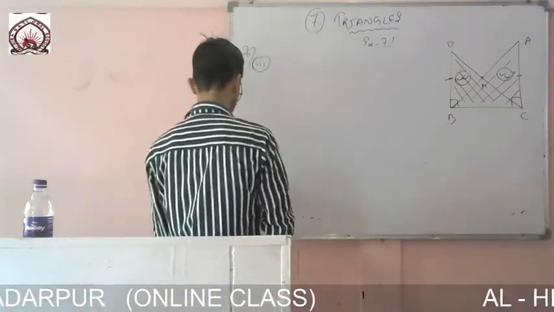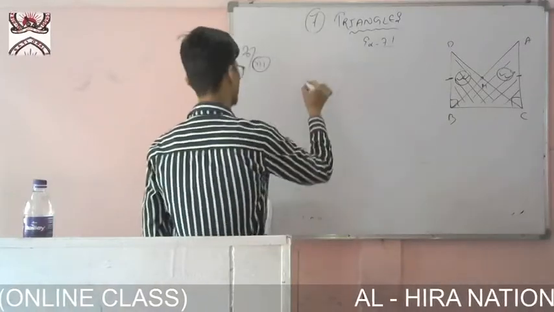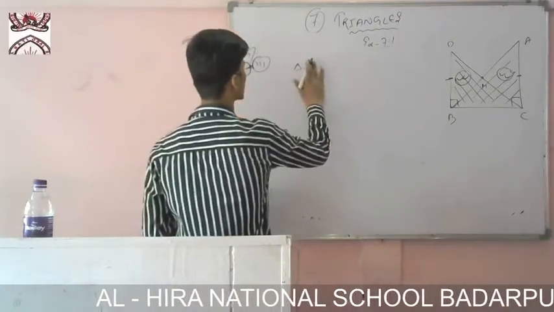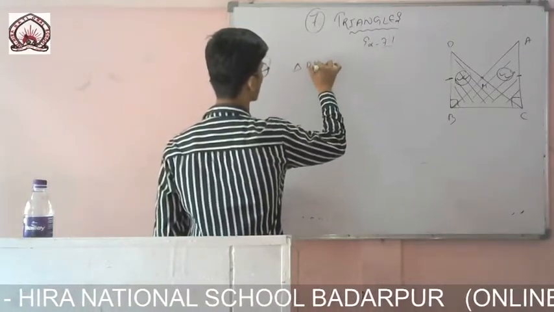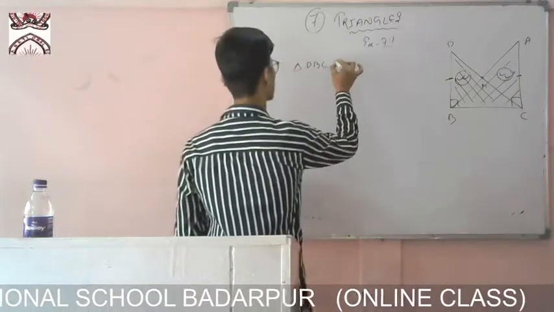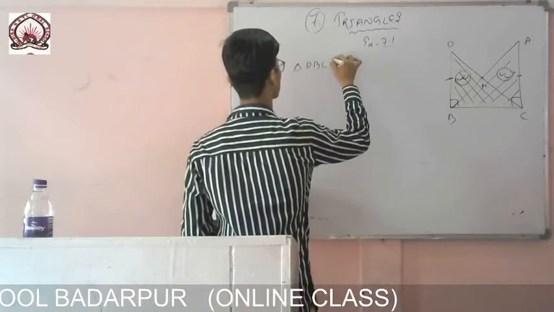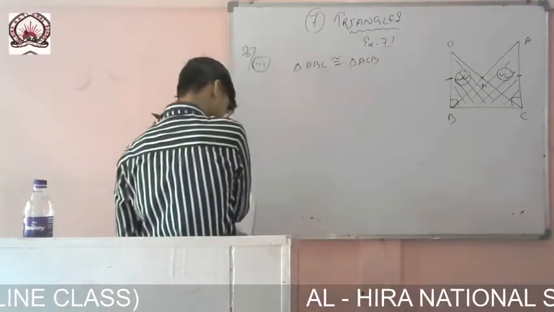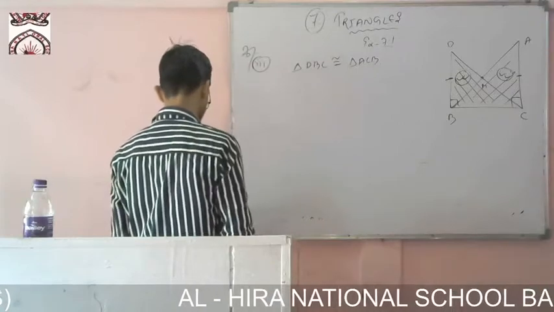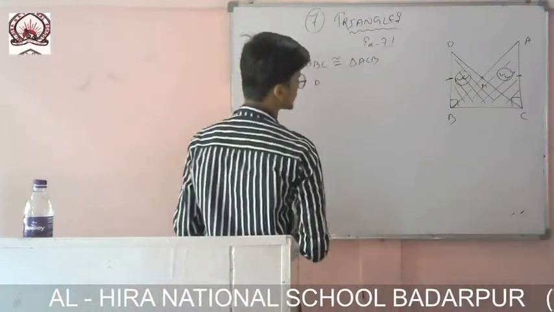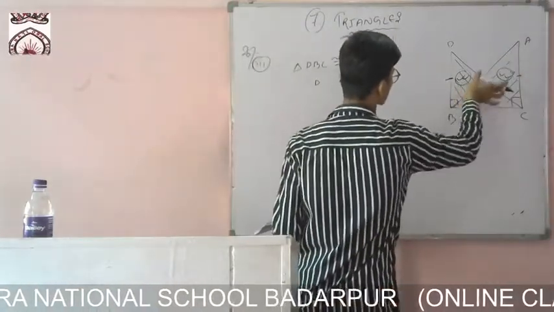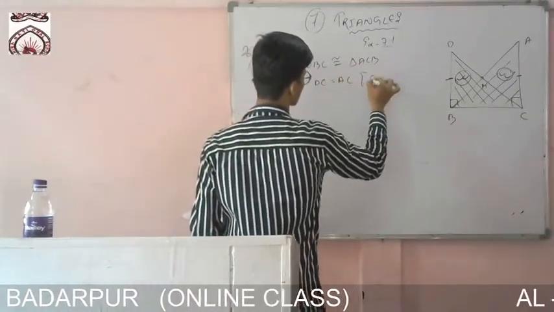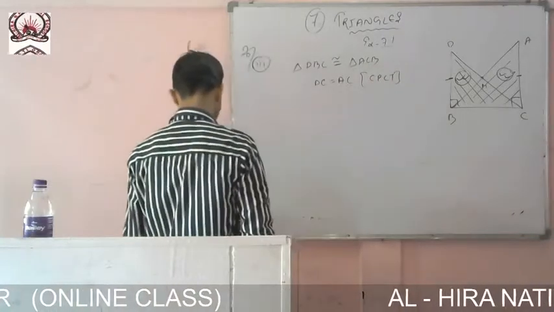So you write: since triangle DBC is congruent to triangle ACB, which we have just proved, I can say that DC is equal to AB, CPCT, corresponding parts of congruent triangles.